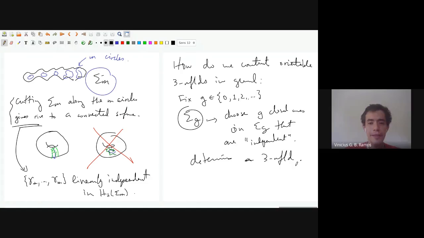Another way to think about this is that choosing these G curves is basically the same as choosing a diffeomorphism from sigma G to sigma G. This is a slightly different perspective, but it's completely equivalent.